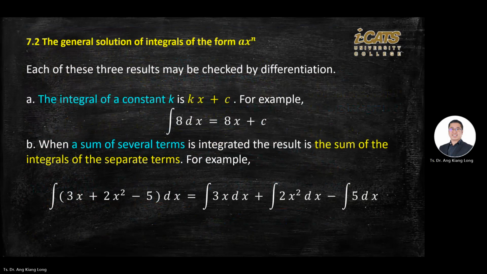If you have many parts, like y equals 3x plus 2x squared minus 5, with plus and minus in the same bracket, then you can break the plus or minus sign into individual integrations. For example, you can integrate 3x dx plus 2x dx and minus 5 dx, or write plus the integral of minus 5 dx and then pull the minus to the front. The minus sign is always a careless mistake, so take note.